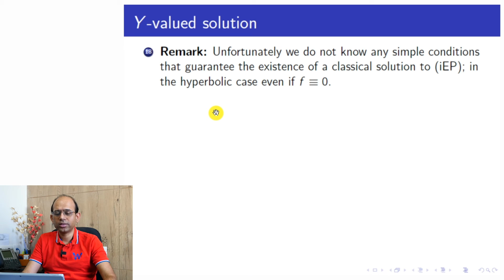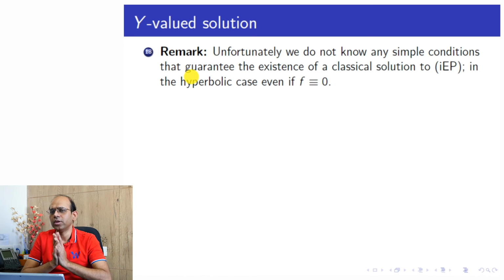Next we come to another definition, called the Y-valued solution. Given an inhomogeneous evolution problem, we have already seen what the expression of the mild solution should be. Then we asked the question: while writing the mild solution, I really do require an evolution system, so under what condition on the family of operators can one assure existence of some evolution system?